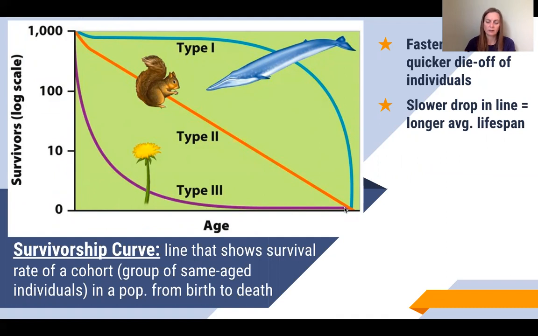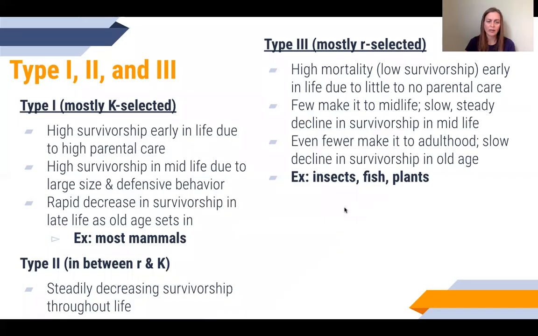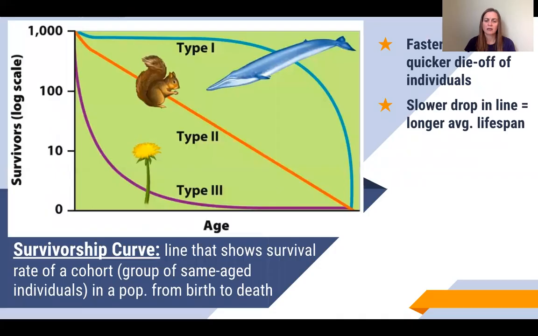Okay, so type 2, those ones in between the r-selected organisms and the K-selected organisms, have a pretty constant decline in survivorship no matter what their age is. Birds are frequently used as an example of type 2, and here we have squirrels on our picture.